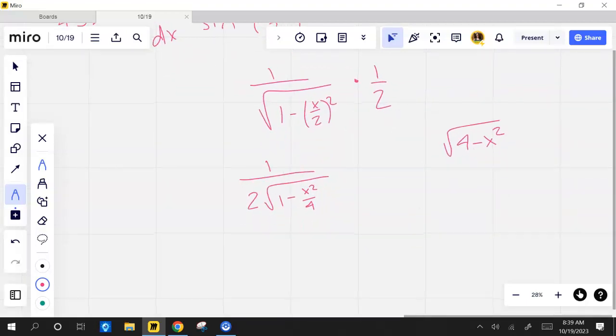Make it 4 over 4. Oh, multiply by 4. I can't change the value though. What happens if you factor out a 1/4 to get this x squared by itself?